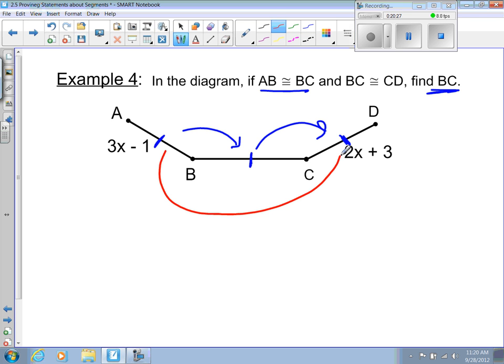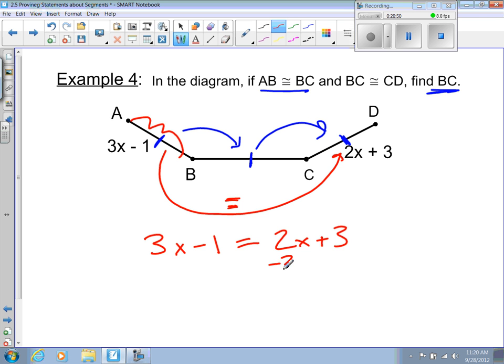I know that this and this have to be equal because of that transitive property. So if I'm going to find BC, I want to find what one of these segments are. So I'm going to say 3x minus 1, that's the same thing as 2x plus 3.